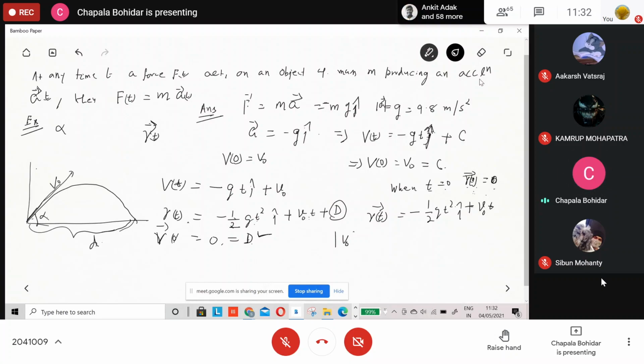I can write down the component of this initial velocity V0 as absolute value of V0 cos alpha i cap plus absolute value of V0 sin alpha j cap.